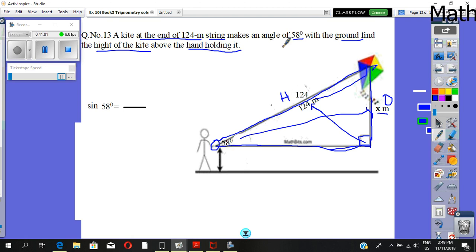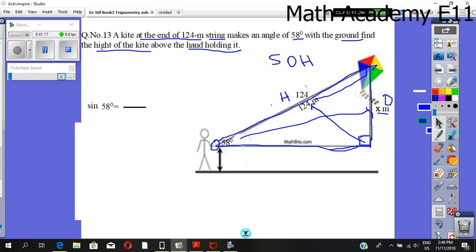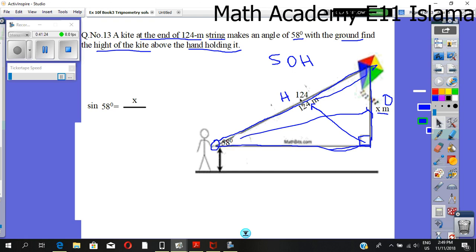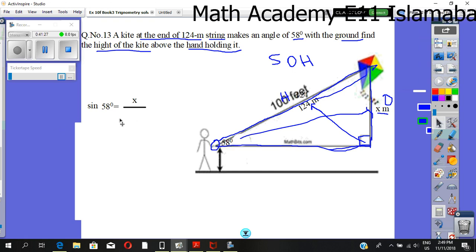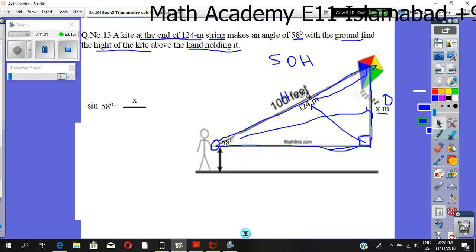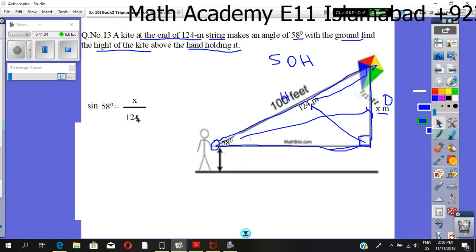And if we check, SOH means sin theta equals opposite over hypotenuse. Now we have opposite, that is x, and we have hypotenuse, that is 124.